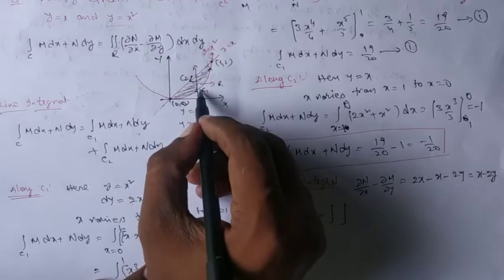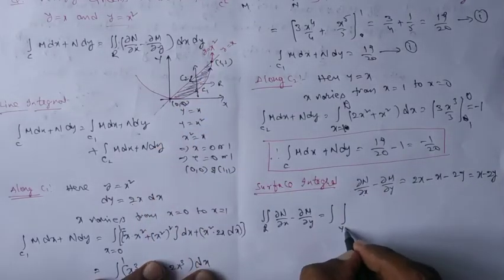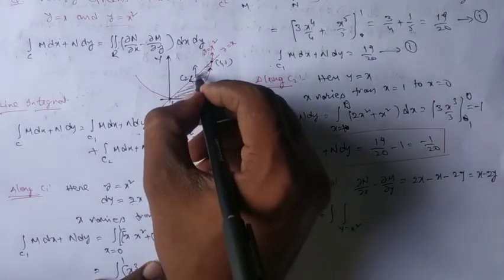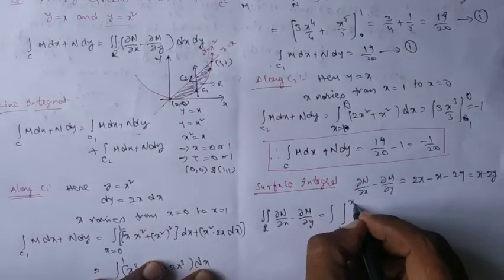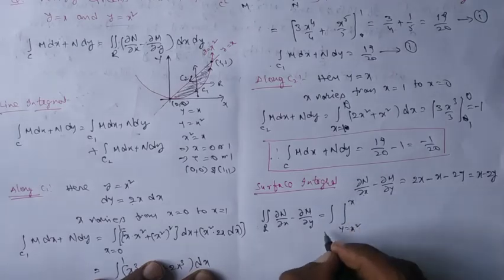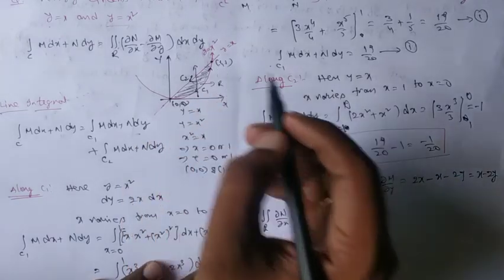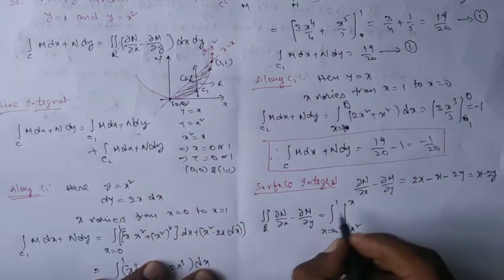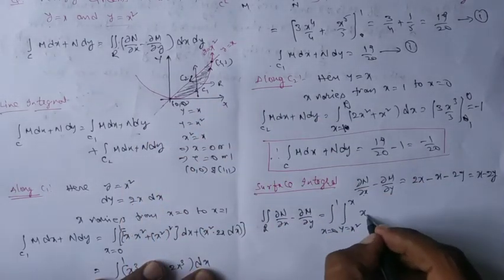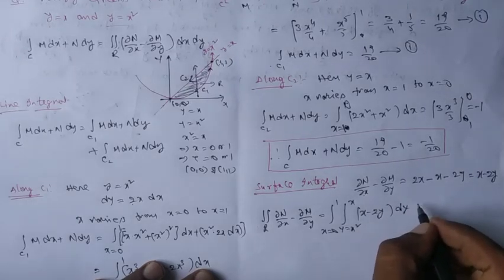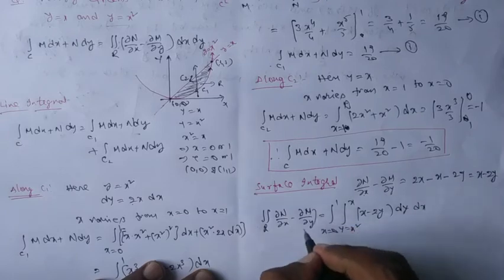So y is varying from x square to x, since the region is left by this curve y equals x. So y varies from x square to x, and x varies between what limits? x equals 0 to x equals 1, and it is dou n by dou x minus dou m by dou y, which is x minus 2y, whole dy dx.